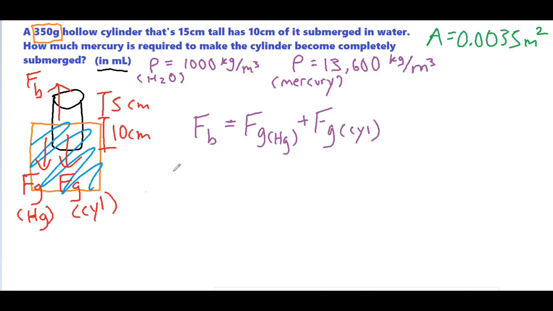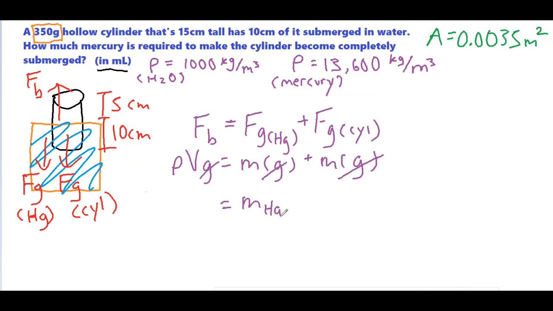So we're still going to have rho Vg equals mg of the mercury plus mg of the cylinder. And then our g's are going to drop out. And then we have the mass of the mercury, Hg, plus the mass of our cylinder, which we do know. We called that 0.35 kilograms earlier, and it still is.